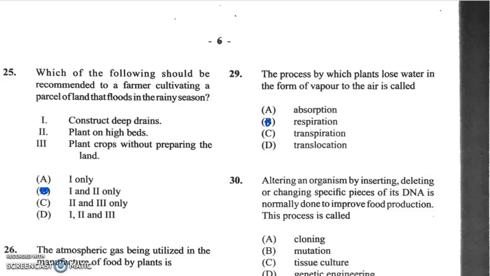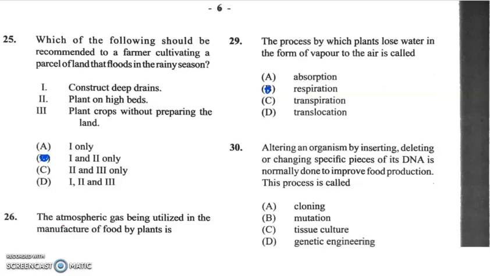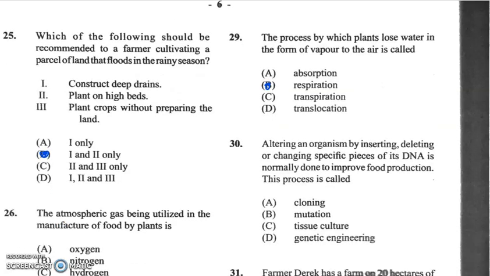The process by which plants lose water in the form of vapor to the air is called B, respiration. Question 30. Altering an organism by inserting, deleting, or changing specific pieces of its DNA is normally done to improve food production. This process is called, and if your answer is D, genetic engineering, you are correct.